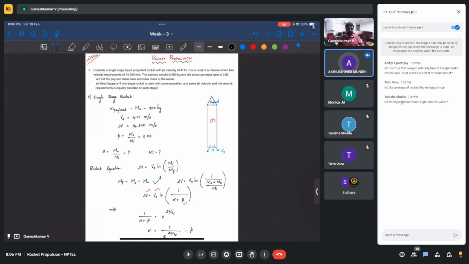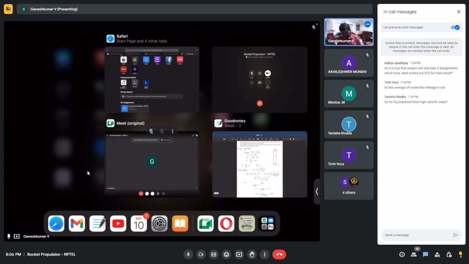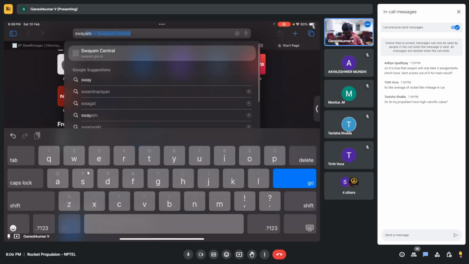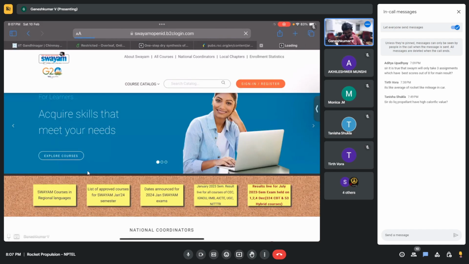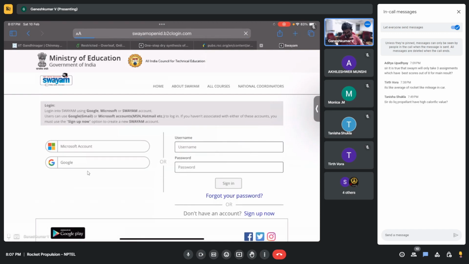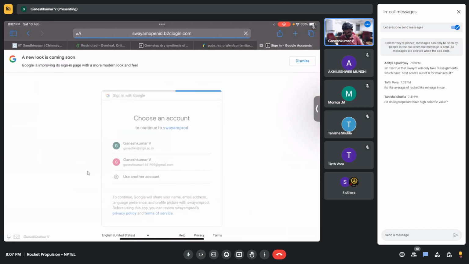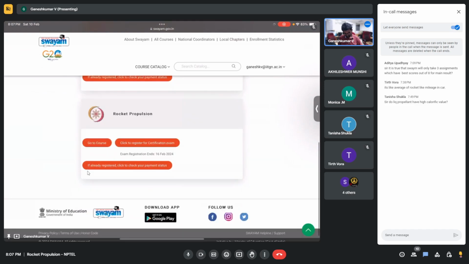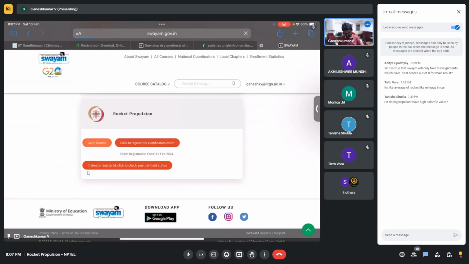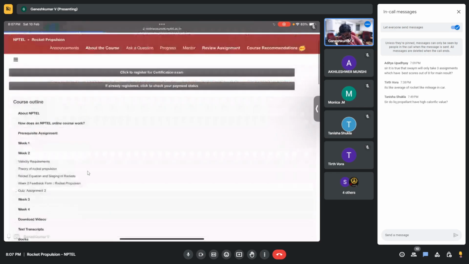Which question? Question 17. Assignment 2.